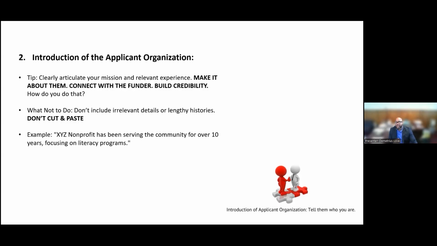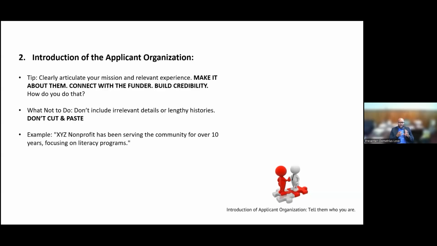A 990 is an annual form for tax-exempt organizations. A tax-exempt organization, like a 501c3, must fill it out with the Internal Revenue Service. With that 990, the IRS makes sure that you're in compliance.